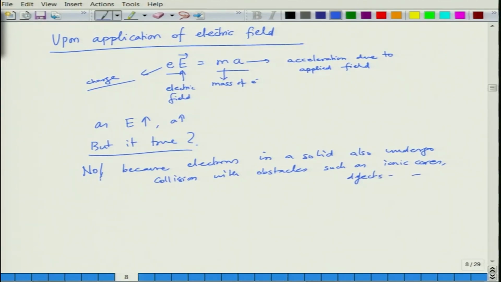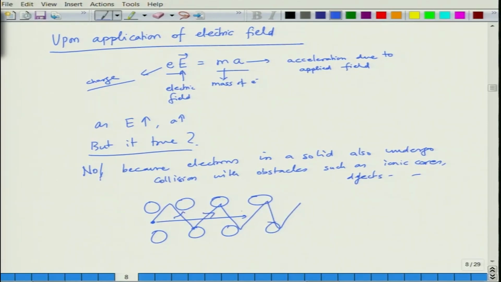So when an electron is moving, it does not move in a straight line; it may undergo this kind of collision with the atomic cores. These are the collision points.